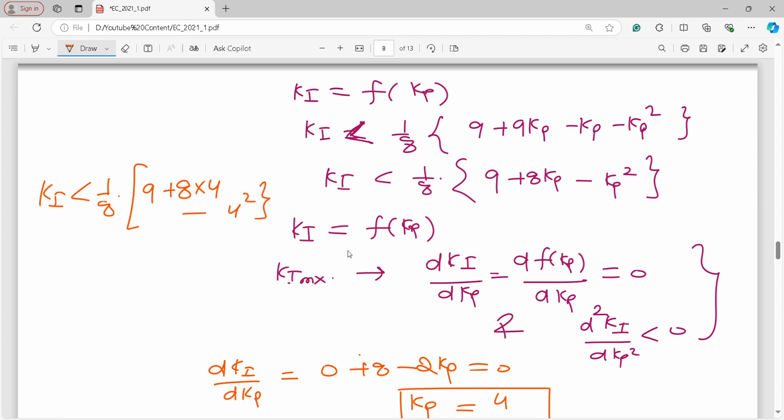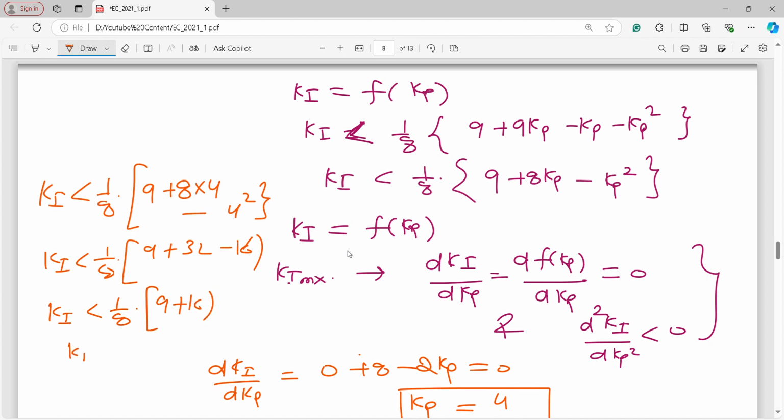So ki less than 1 by 8 of 9 plus 32 minus 16, which comes out to 9 plus 16, finally 25 by 8.